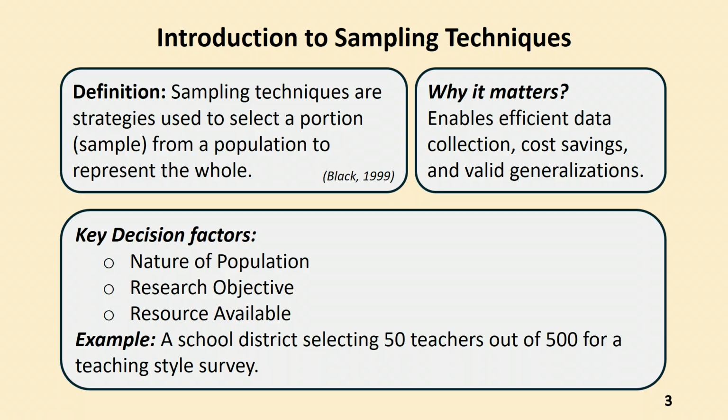As a researcher, it is of very prime importance to understand what a sampling technique is, because this is the thing with the help of which you are going to select your sample and make effective outcomes out of it. And you can see here the key decisions related to sampling techniques are: nature of population, what kind of population you have.